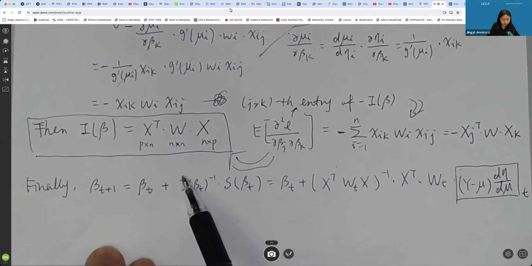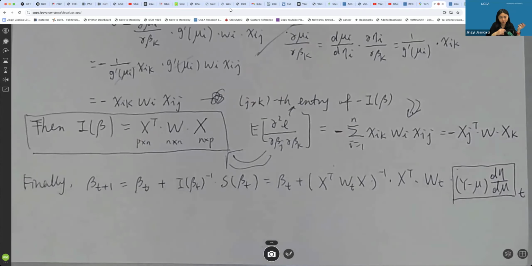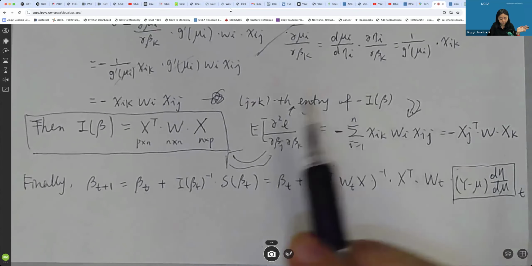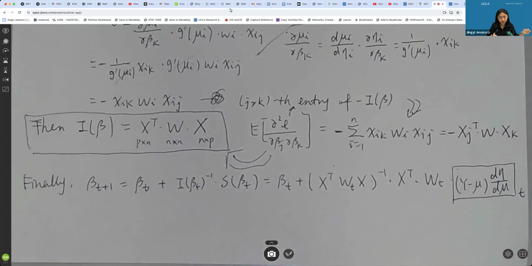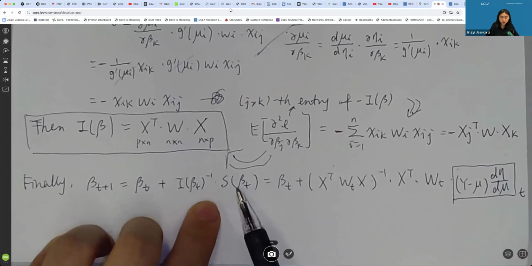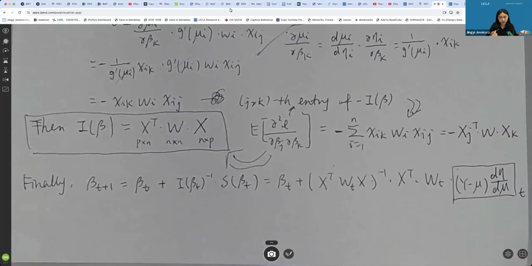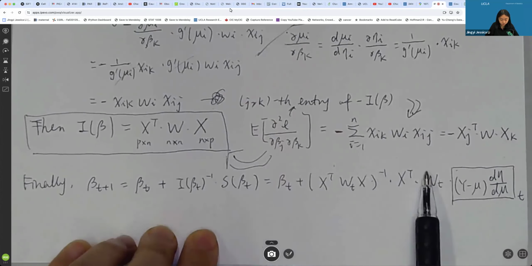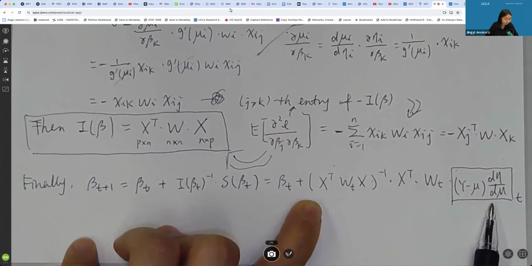The key difference is that for the second order derivative matrix, we're not using the Hessian, we're using the expectation, called Fisher information, which is the expected negative Hessian of the log likelihood. The score function is just the gradient of the log likelihood. Because of the special property of the exponential family, we could simplify the score function and the Fisher information so that we get a form like this.